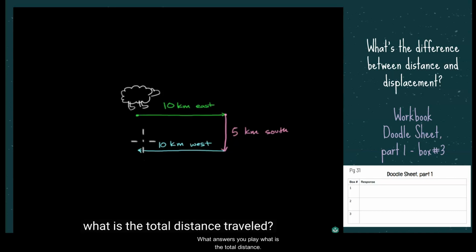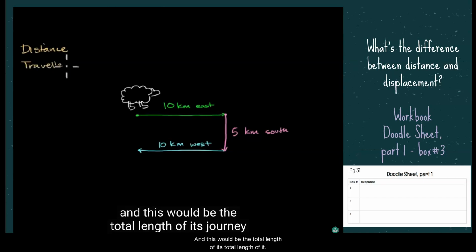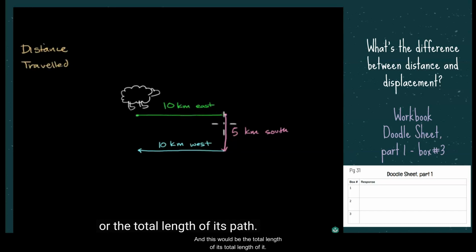One answer is you could say, what is the total distance traveled? Let me write this one down. This is an important concept. Distance traveled would be the total length of its journey, or the total length of its path.